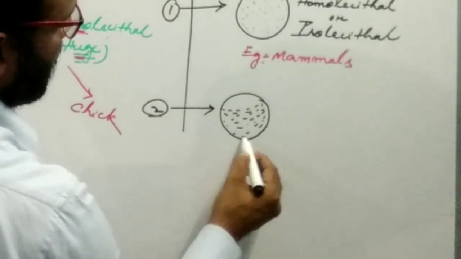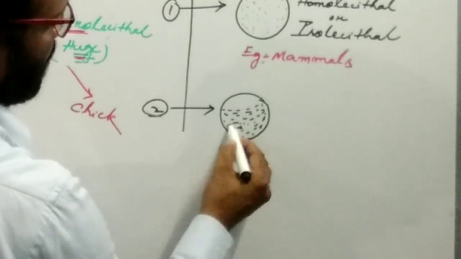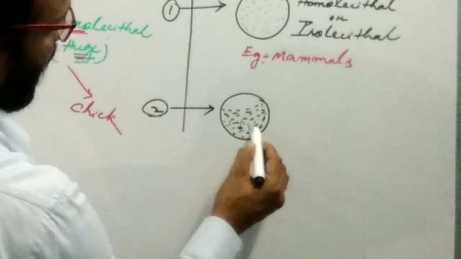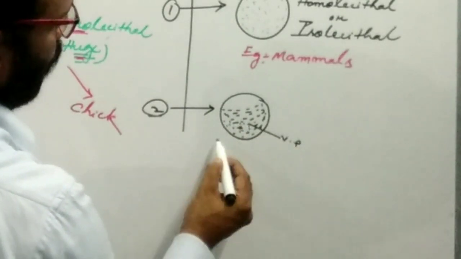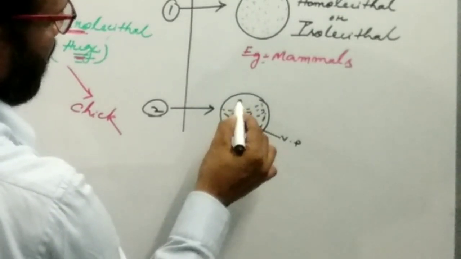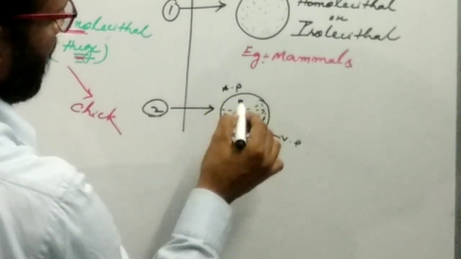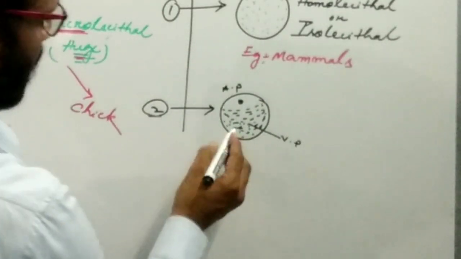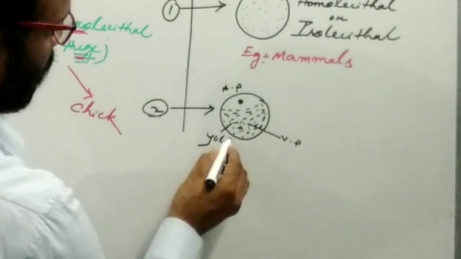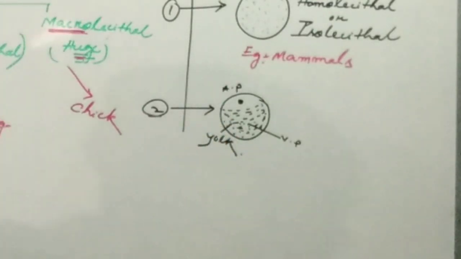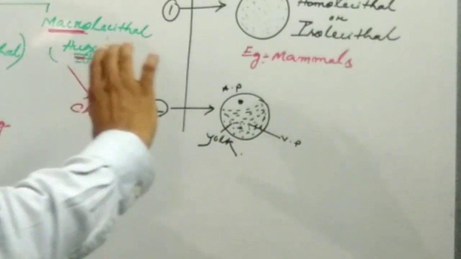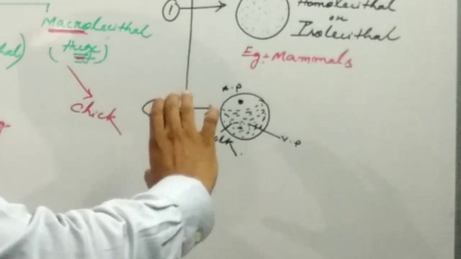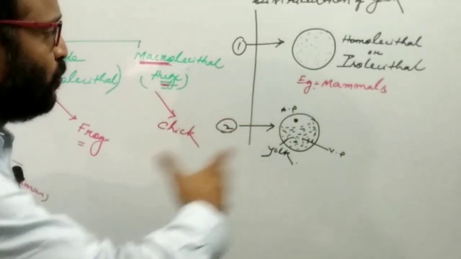In case of a chick, the yolk is deposited or accumulated at the vegetal pole, and at the animal pole there is the nucleus, which contains very little yolk, but the vegetal pole contains more yolk.